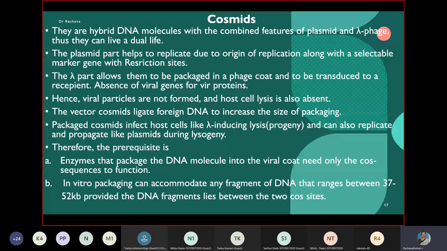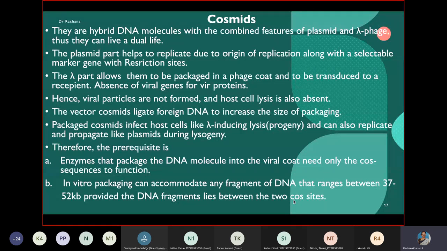We can incorporate almost 37 to 52 kb. And where are we going to package them? We are giving an insertional vector. After engineering a cosmid, we are inserting the target DNA, which is nearly 50 kb, between the two cos sites of the phage DNA.